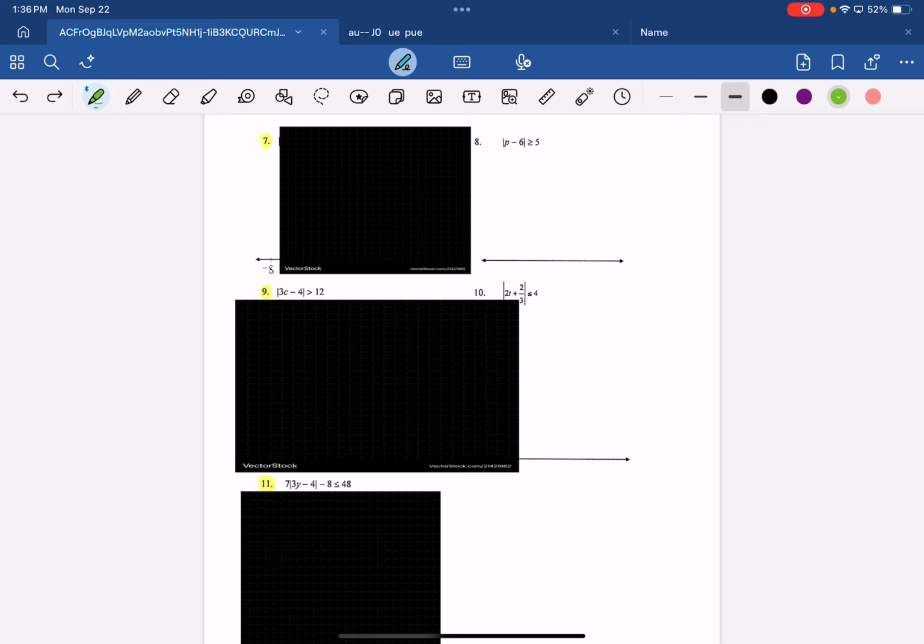Okay, so we have our symbols. Write our symbol, symbol. Okay, good. Now the inside of my absolute value is the inside of my inequality. And then on the other side, one of those has to be a negative. Which one? Yeah, good. Now you're ready to solve.